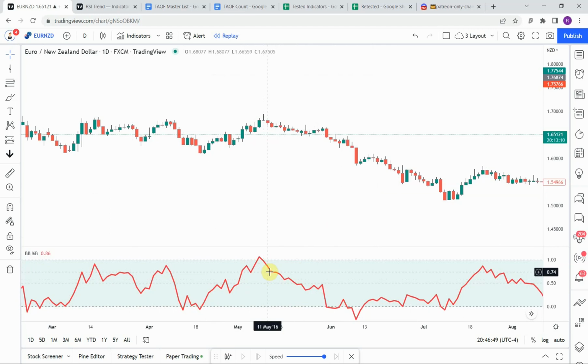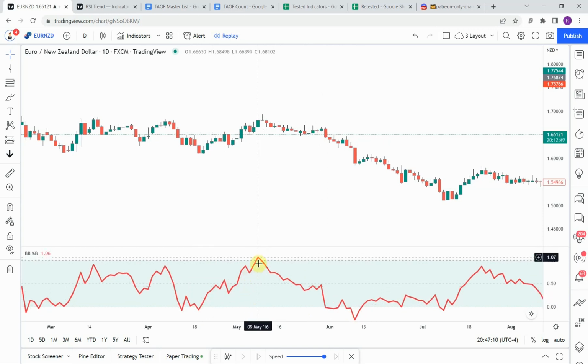The way we are treating this is very similar to the RSI, in that we are looking for the oscillating line to break above the upper band or down below the lower band, and when it does that, we are then looking for it to cross back into this middle section.